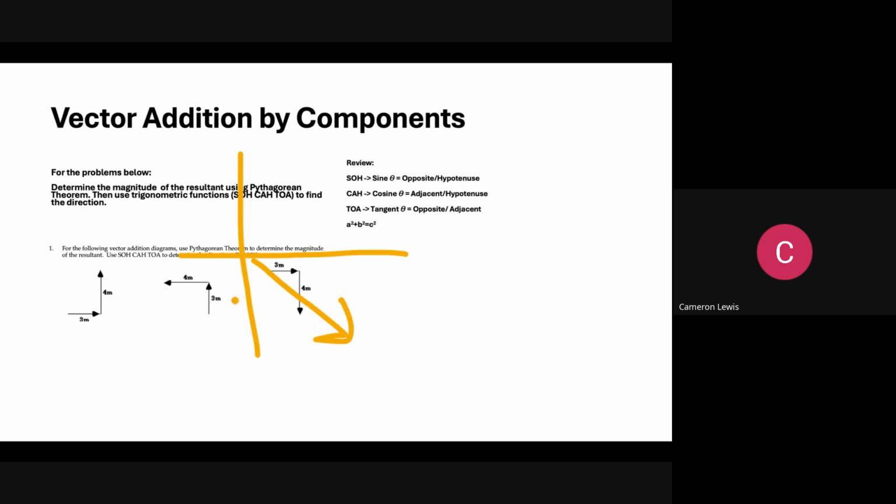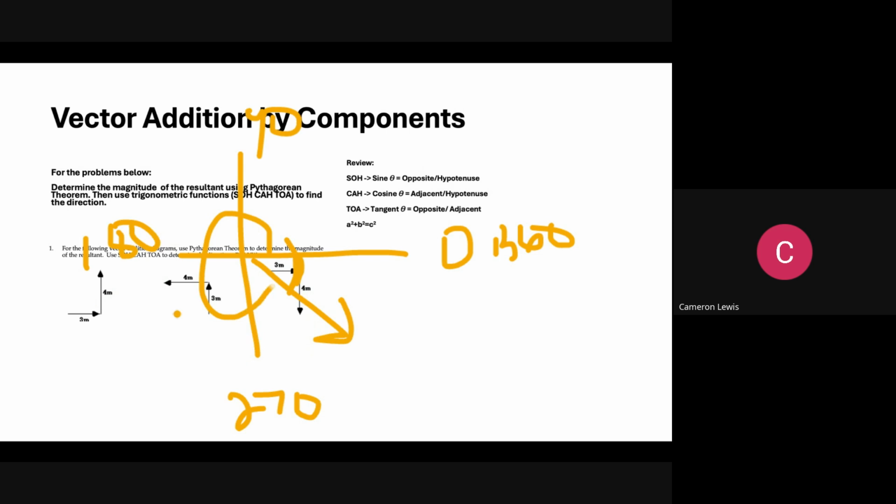Southeast. All right. So now, with it being southeast, we expect it between what two numbers? 0 and 180. No, 270 and 360. Exactly. So now that we know that, we really need to find this angle to figure out how far it is in relation to this.